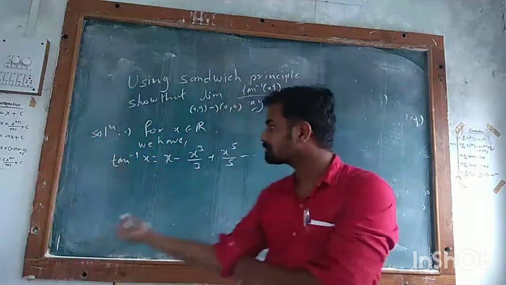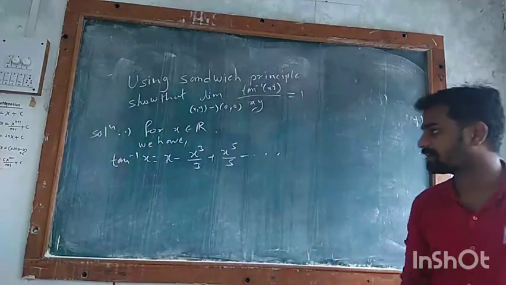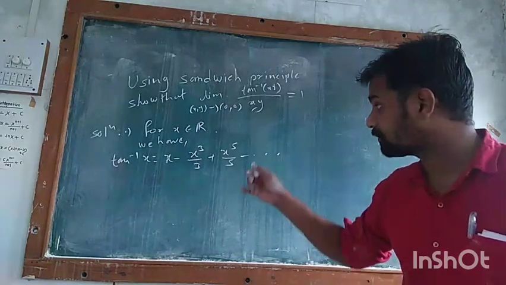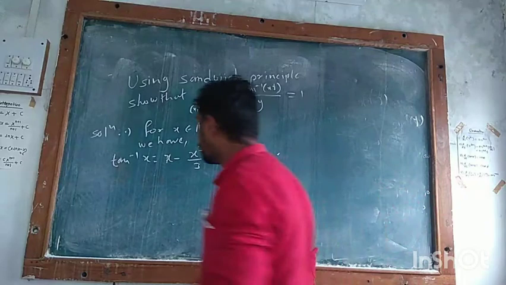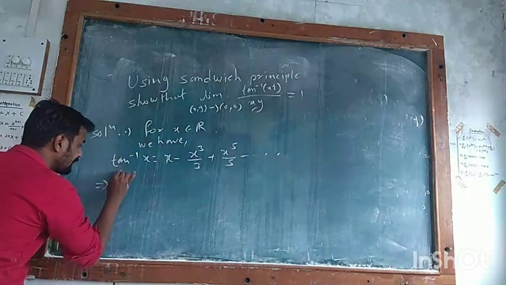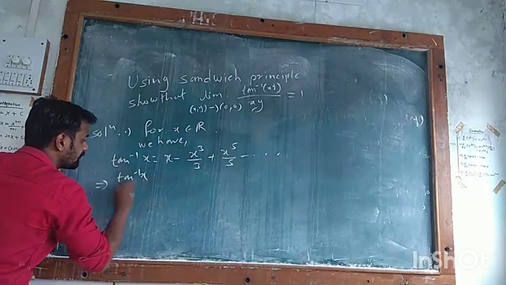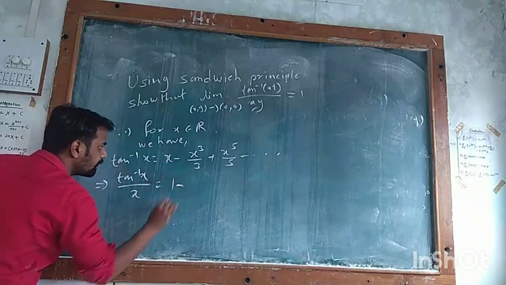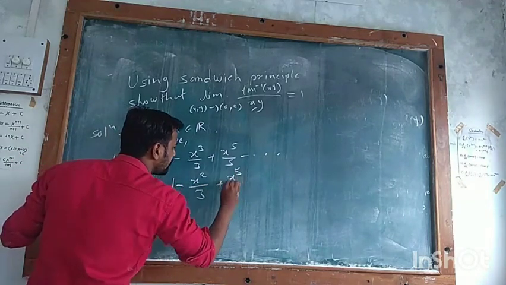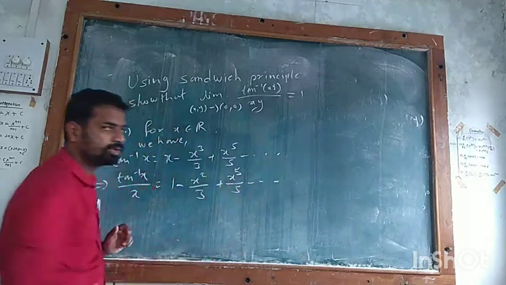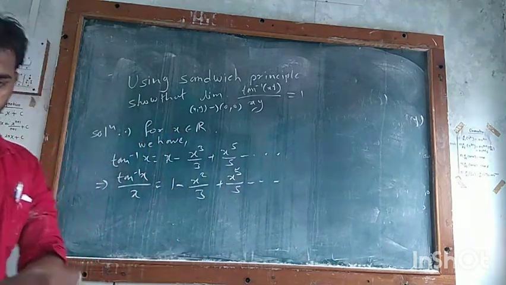This is the Taylor series expansion of tan inverse of x. This implies tan inverse of x upon x is equal to 1 minus x square upon 3 plus x raised to 4 upon 5 minus, and so on.